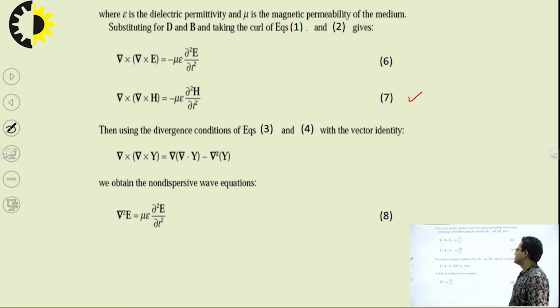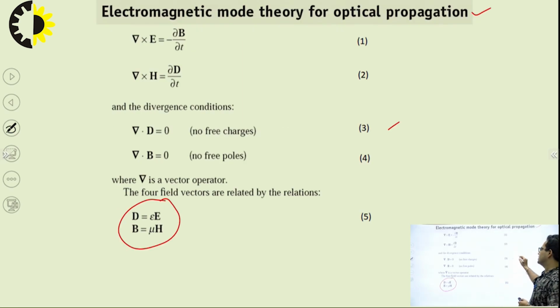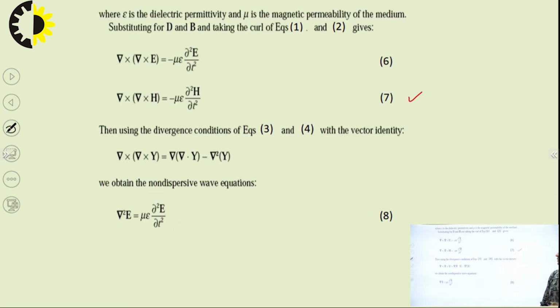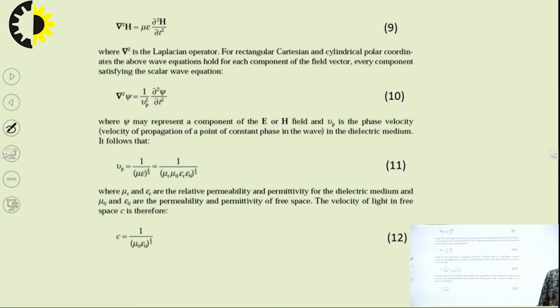Then by using the divergence condition for equation 3, we can get this expression, and for a non-dispersive medium, the wave equation can be written as del square E equals mu epsilon del 2 E upon del t square. Similarly, in terms of the magnetic field, a wave equation can be written.